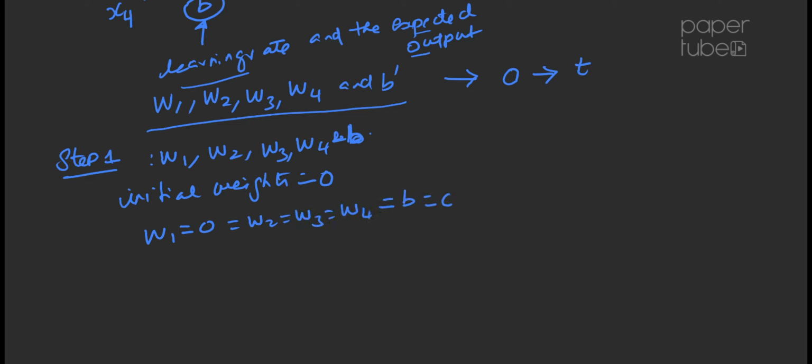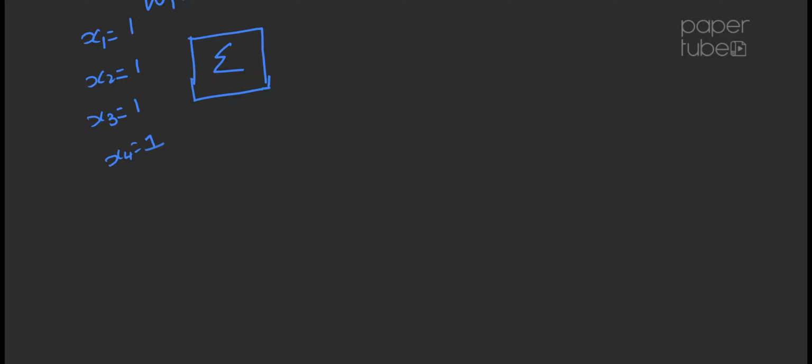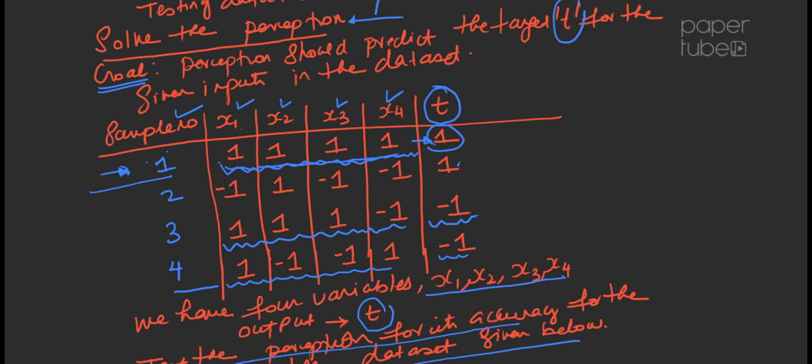So all equal to 0. So let's draw the perceptron. You have a summation function. So x1 equals 1, x2 equals 1, x3 equals 1, x4 equals 1. If you go back to your problem, that's your first set of inputs, 1, 1, 1 and 1.